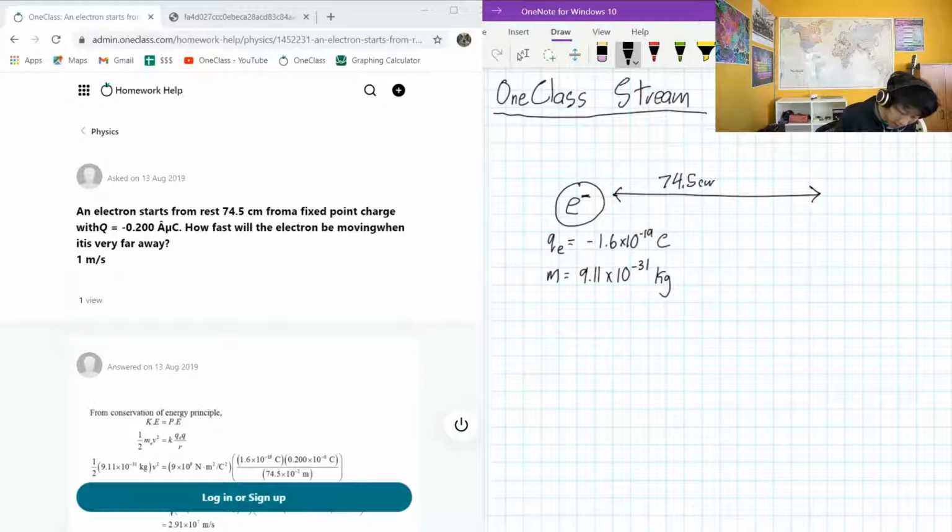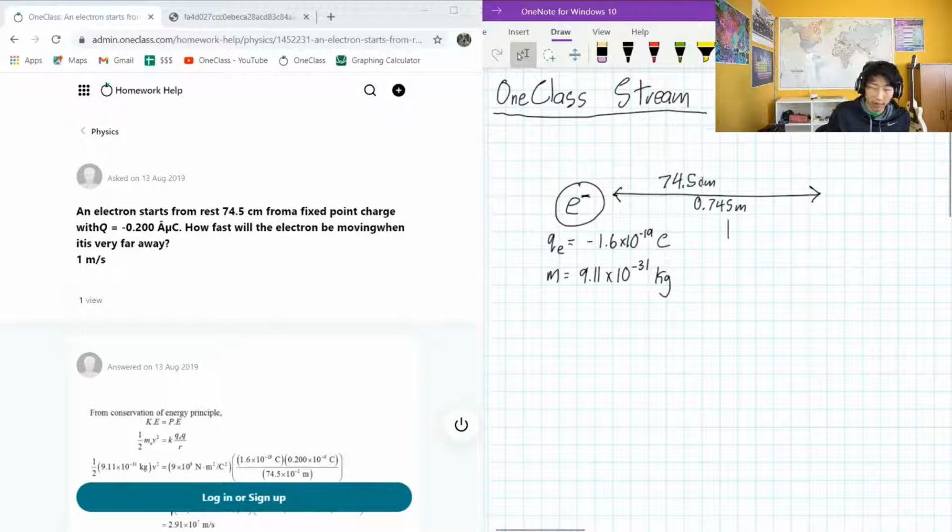We could also write this as 0.745 meters, because we want to convert everything to base SI units. Converting those centimeters to meters will make our calculations a lot cleaner, and our units are going to be significantly easier to deal with if we're all in base SI.